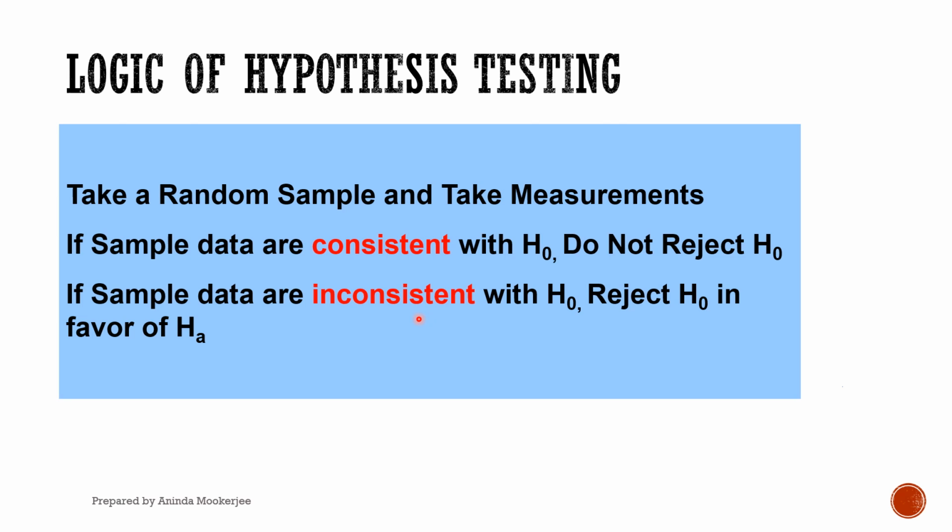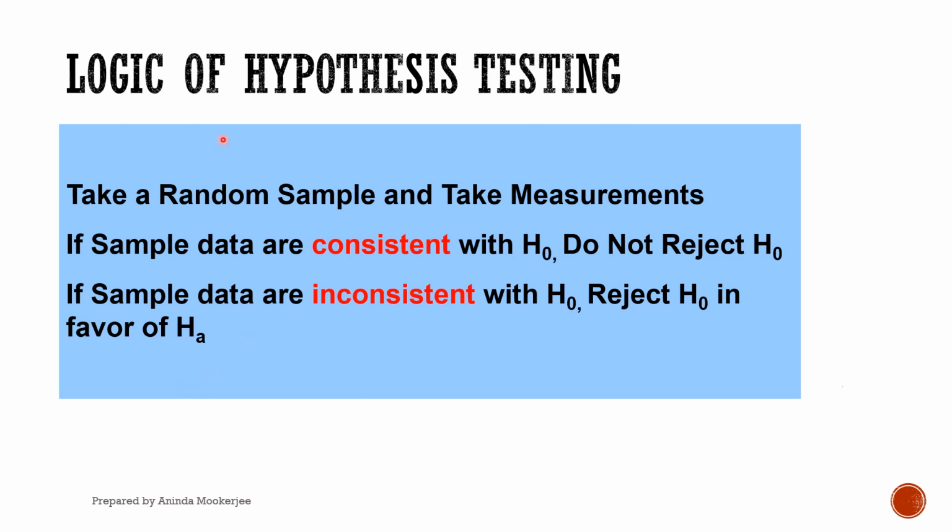So we will just keep the null hypothesis as is. The sample data is consistent with the null hypothesis. If, on the other hand, the sample data are inconsistent with the null hypothesis, which means that there's a big difference between what the alternate hypothesis came up with and what the null hypothesis was stating, then we reject the null hypothesis in favor of the alternate hypothesis.